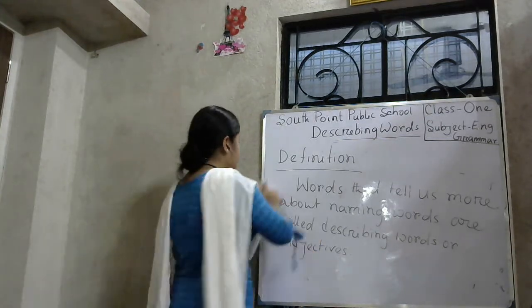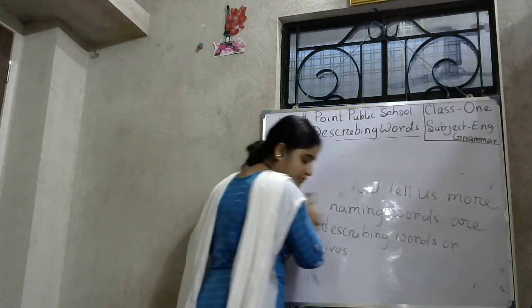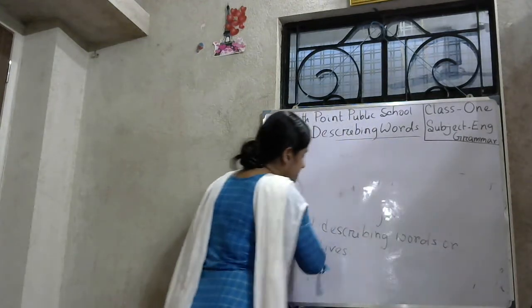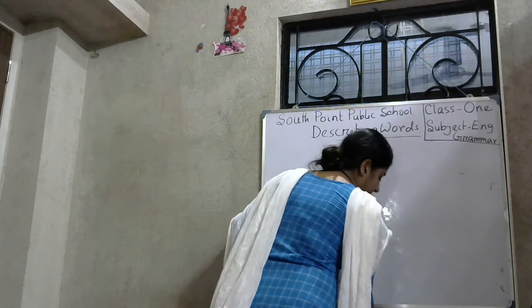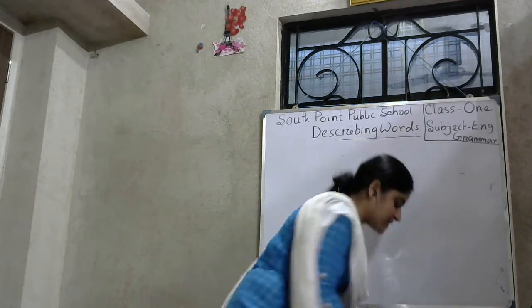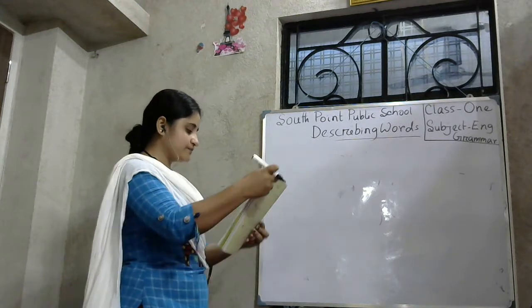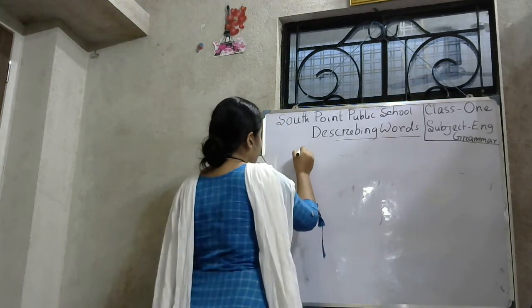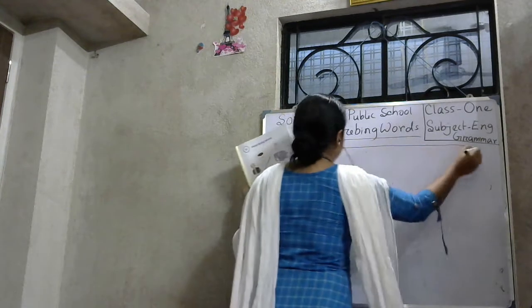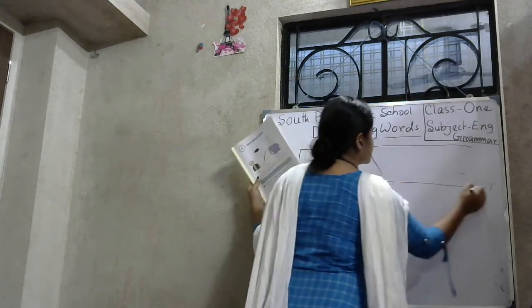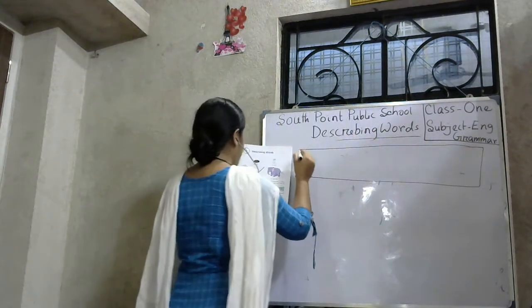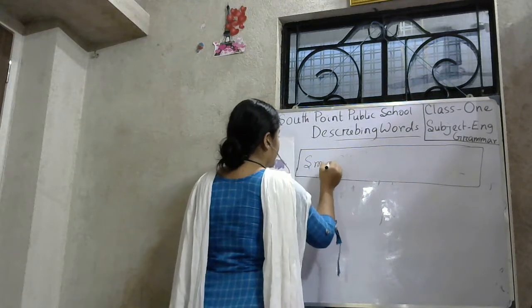Now student, all of you open your book, page number 30. There are some blanks. You have to fill in the blanks with some describing words. I am writing here, then you will understand. First, I am writing the list of describing words in this strip. The first word is smart, S-M-A-R-T.